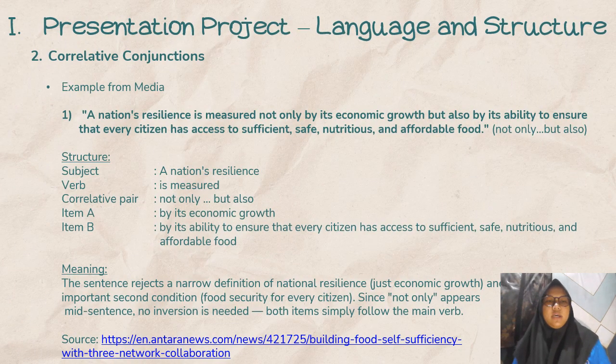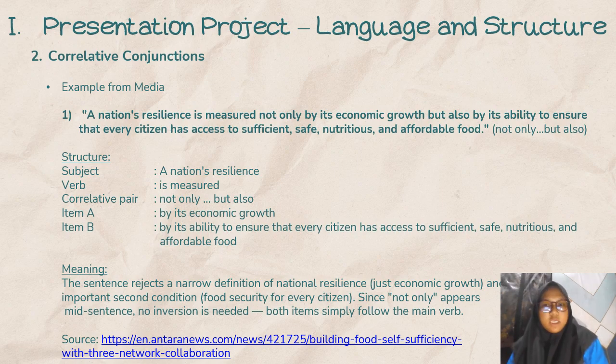The example from media: A nation's resilience is measured not only by its economic growth but also by its ability to ensure that every citizen has access to sufficient, safe, nutritious, and affordable food. So they use not only but also; the subject is national resilience, the verb is measured.